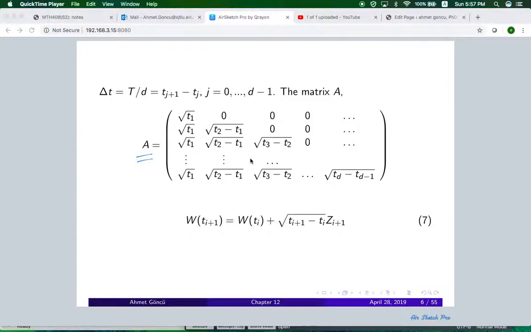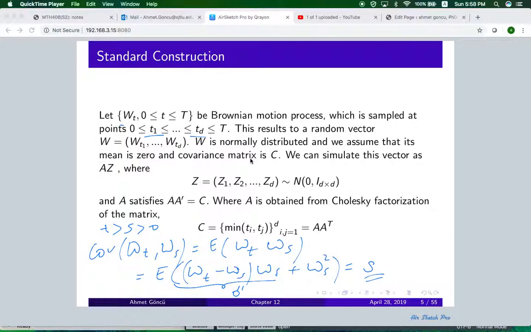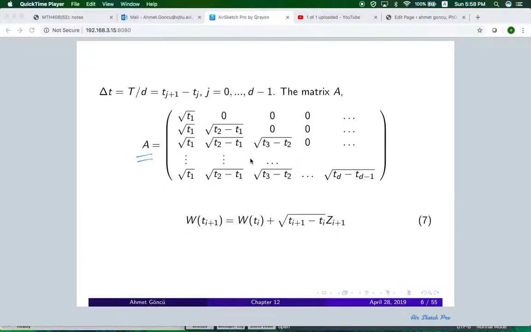Okay. So again, going back, we are decomposing this covariance matrix C, which we know how to calculate. And the Cholesky decomposition will return us the upper or lower triangular matrix A. Basically, using this A, our goal is to simulate these Brownian motion paths. Once we apply the Cholesky factorization, we will get this matrix here.